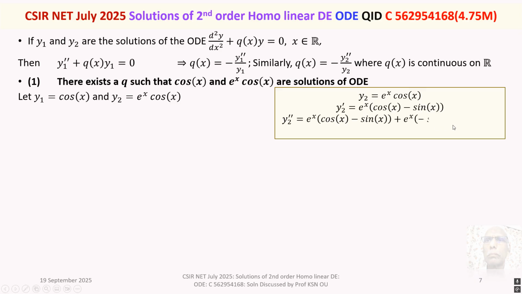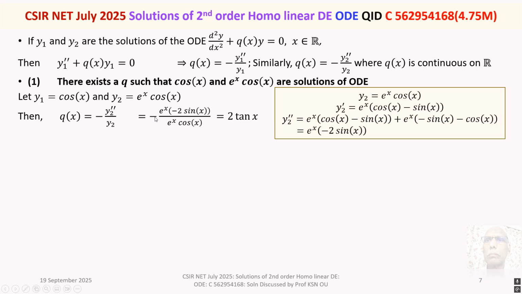Simplify. There is a simplification that takes place, cos x cancels, and you will get e power x into minus 2 times sin x. So come down here. Then q of x is equal to minus y2 double prime by y2. Simplify, you will get 2 times tan x.